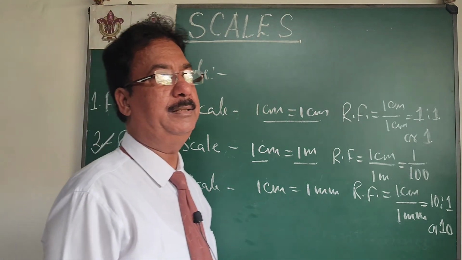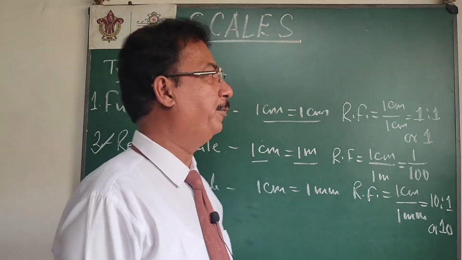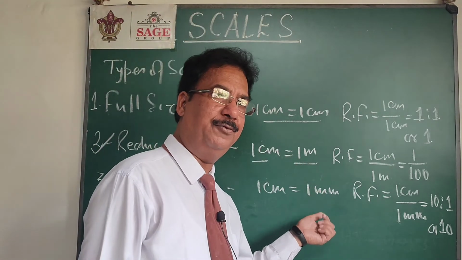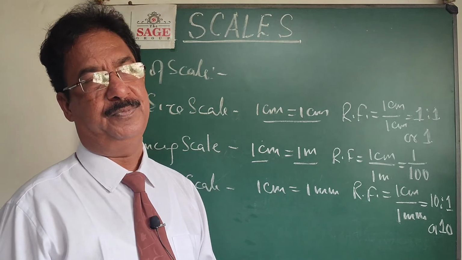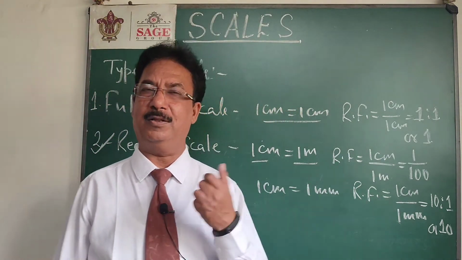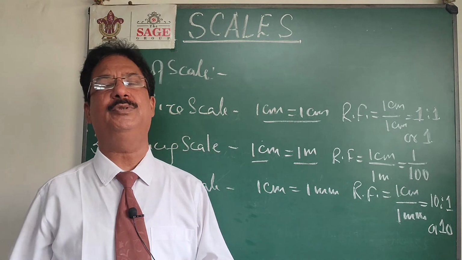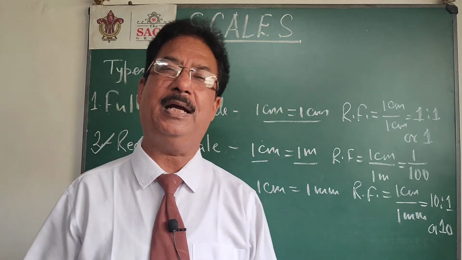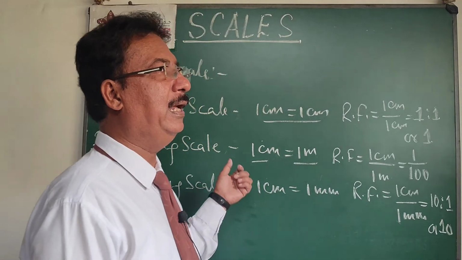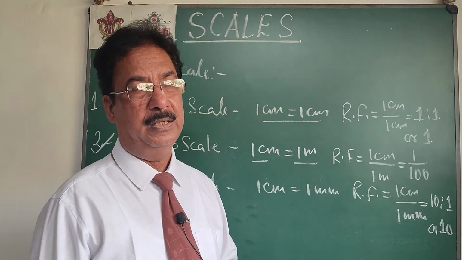But mechanical engineers can use full size scale, reducing scale, as well as enlarging scale. For electronic components, it is again not possible to draw on the actual size. So what we will do is enlarge those objects and use enlarging scale. So for full size scale, RF will be 1.